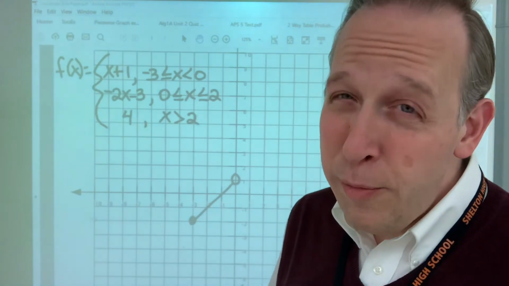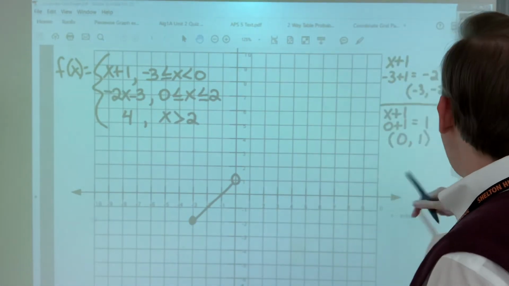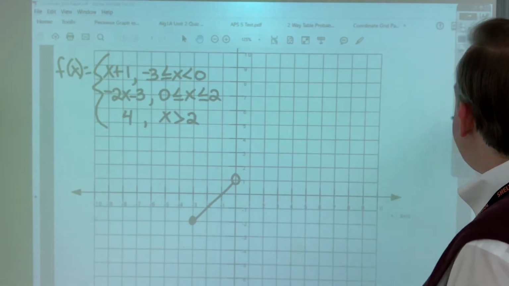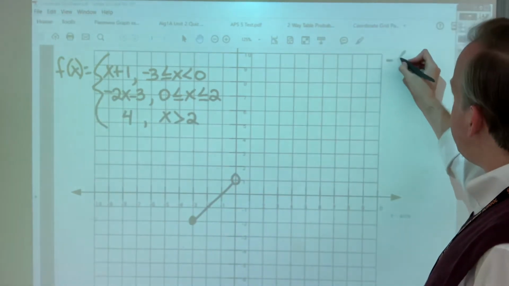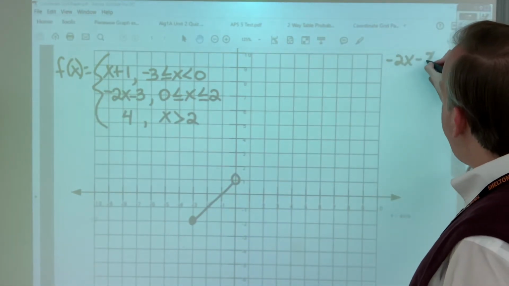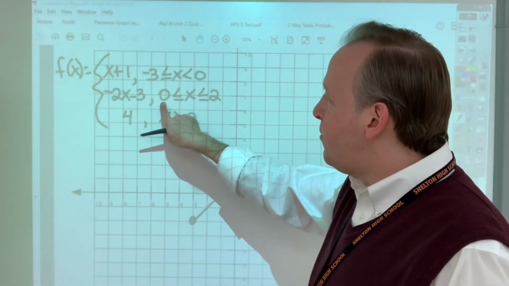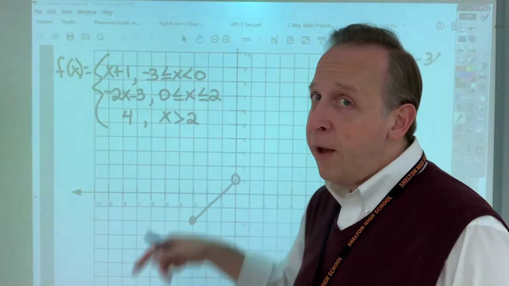Good. Now we're going to move on to the next piece. So I have more room to do the math, I'm just going to clear this part of it and continue with the next piece. -2x minus 3, that's the equation I'm going to be working with. Now it has a start point at x of 0 and it ends at x of 2. So I'm going to do the same thing I did just now.